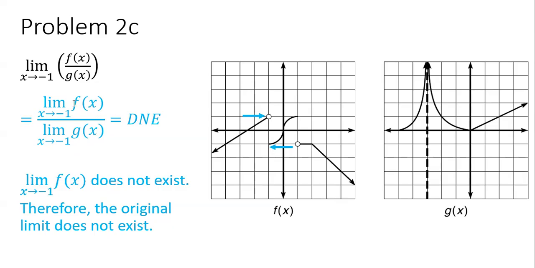So you can imagine, does not exist divided by whatever the bottom is, doesn't matter. It doesn't exist. So the original limit does not exist. And similarly, if the bottom limit did not exist, in this case it does, but just pretend, the original limit does not exist either. And of course, if you're dividing by 0, that's a different story as well.